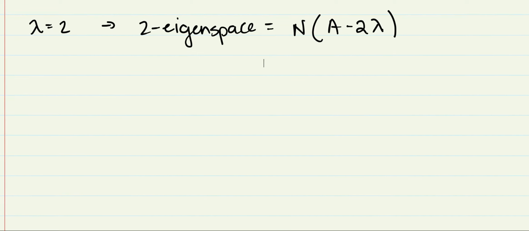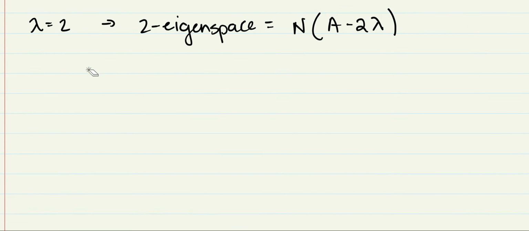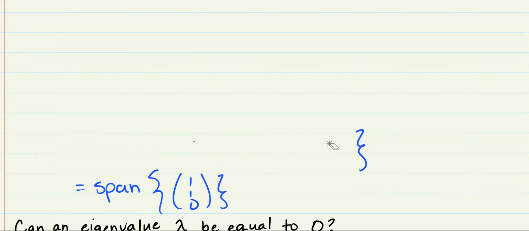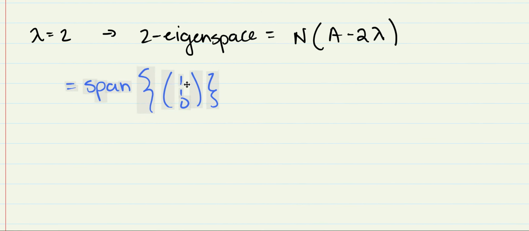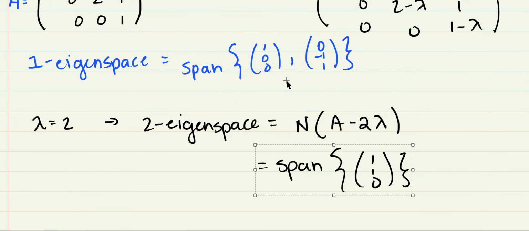Yep, so for lambda equal to 2, I have it written here. For lambda equal to 2, we were trying to find the 2 eigenspace, and that is just the span of this vector here. Okay, so we have the 1 eigenspace and the 2 eigenspace, and you can see that the dimension of the 1 eigenspace is 2.